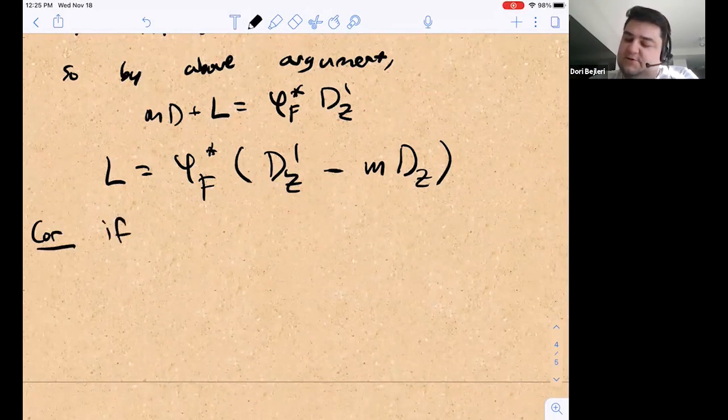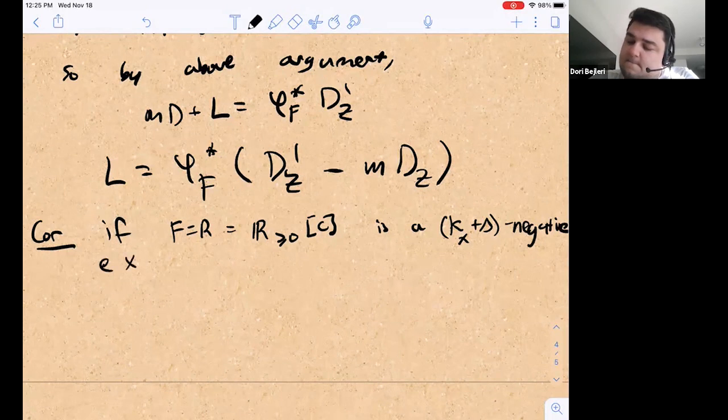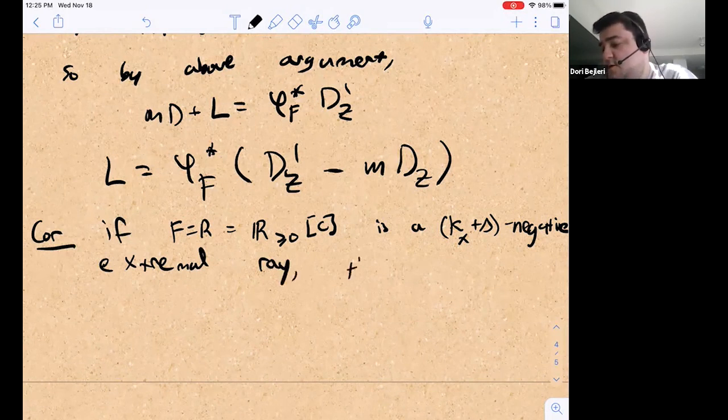So let's say we have the contraction of a ray. Then the following sequence is exact.